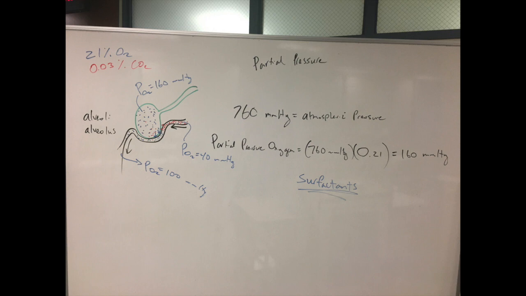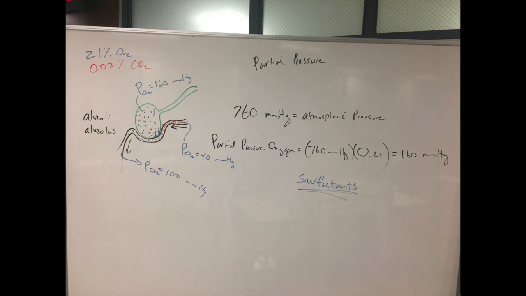Partial pressure is the pressure that a single gas exerts in the atmosphere. So in the atmosphere, we're breathing in all these different gases, and the total pressure is what we measure, like atmospheric pressure. In millimeters of mercury, it would be 760.